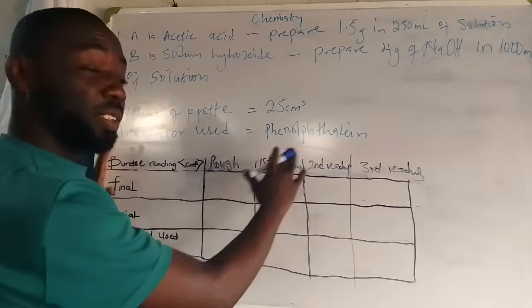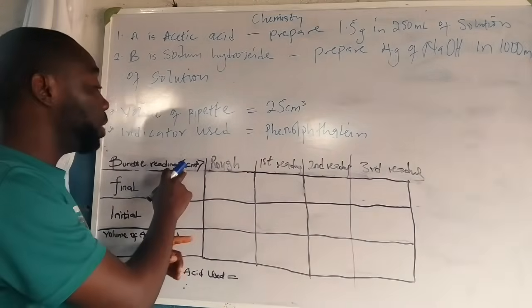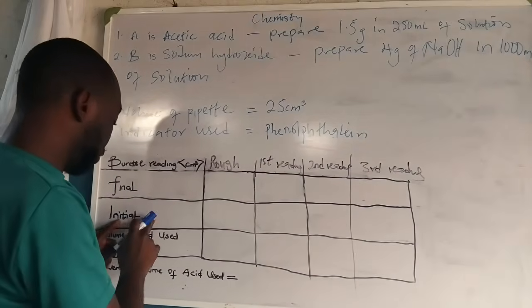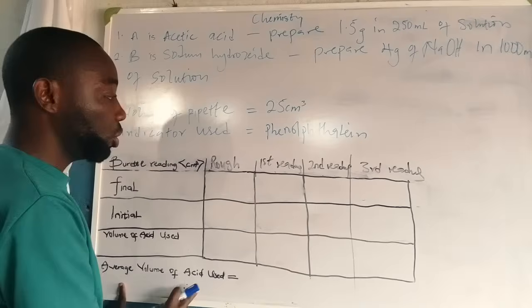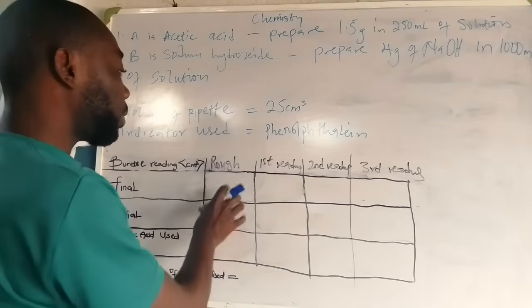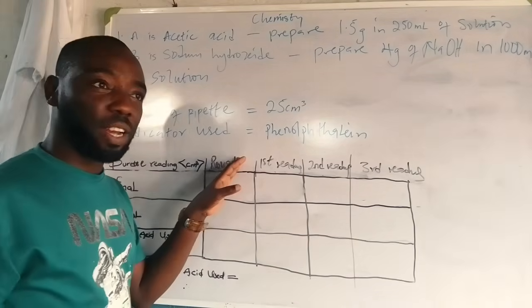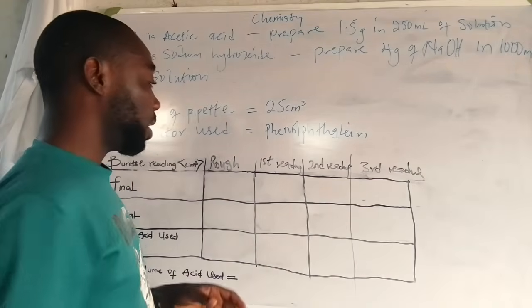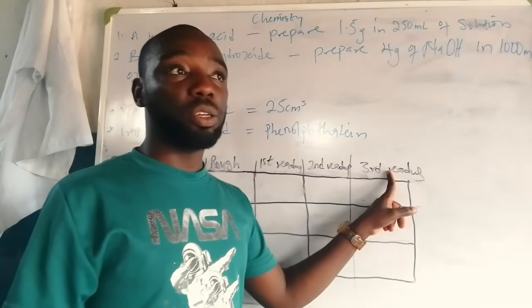Okay, so on the table of values, we'll have our burette reading, which will be in centimeter cube. Here we have the final reading, initial volume of acid used, and the average volume of acid used. On this we have the rough. So I will advise you to put the rough in your readings, and also we have the first reading, second reading, and the third reading.